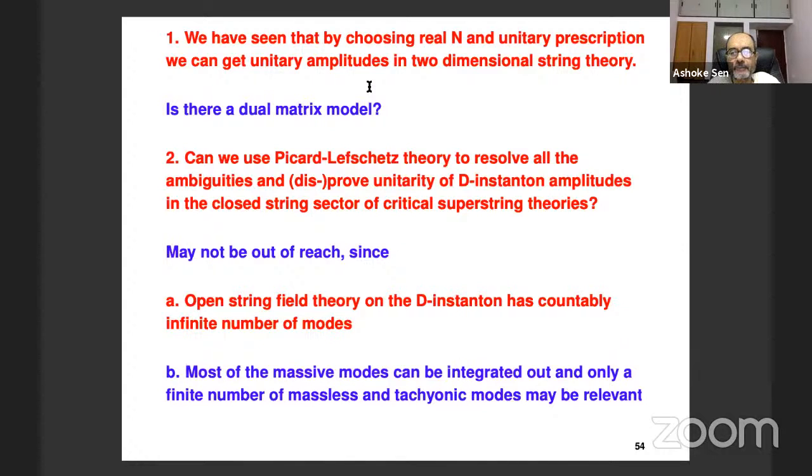Oh, okay, I see. If you are integrating out some massive modes, then of course neither do we expect unitarity nor should we be able to prove it, because above the threshold of production of those massive modes you will have unitarity violation because you are ignoring those massive modes in the sum over states. But this is different in this theory because open strings are not asymptotic states.